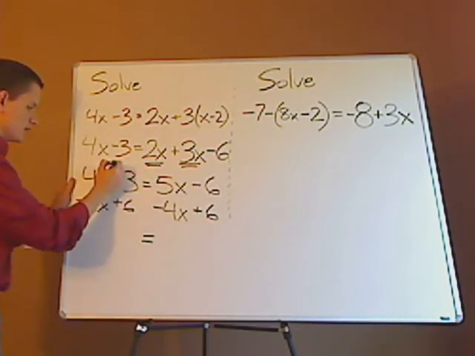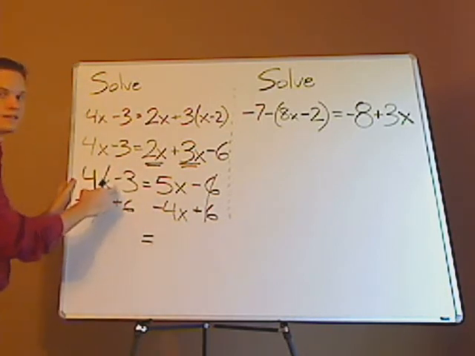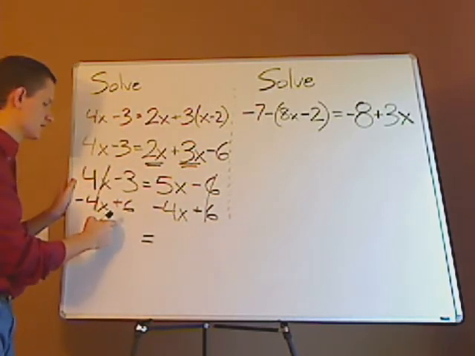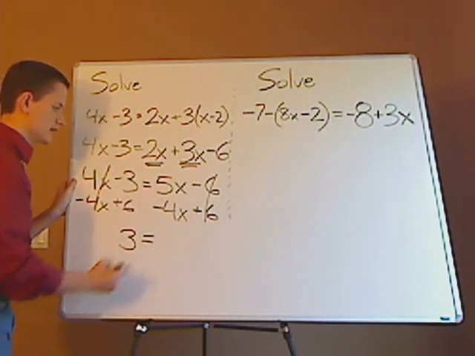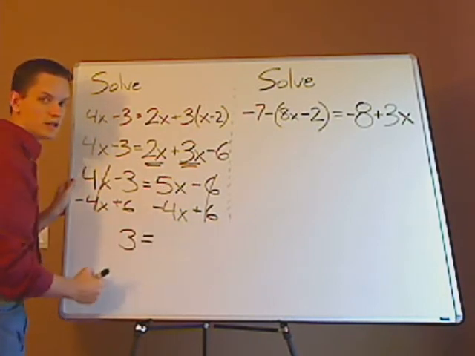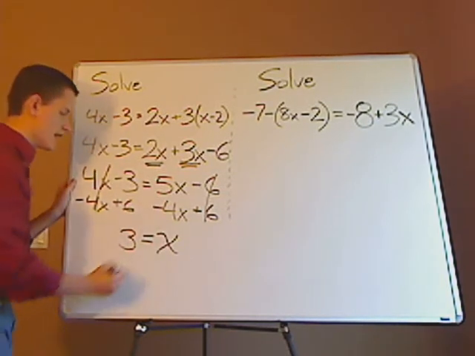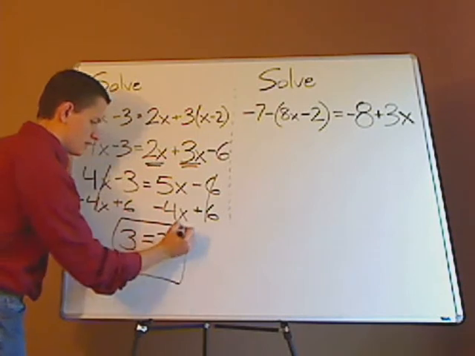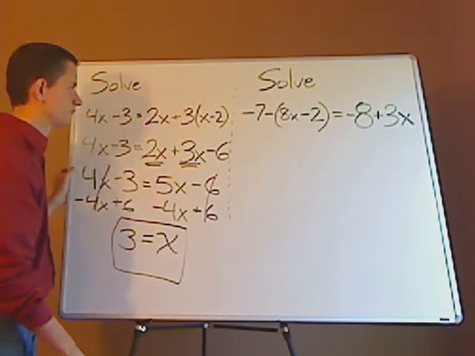When you do that, those cancel out, and those cancel out. What's negative 3 plus 6? Right, that's a positive 3. And then what's 5x minus 4x? Right, so your answer is x equals 3, or 3 equals x.